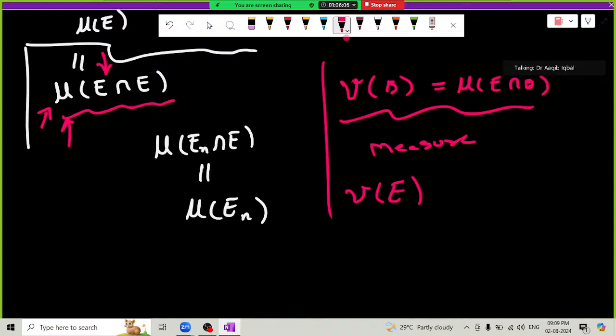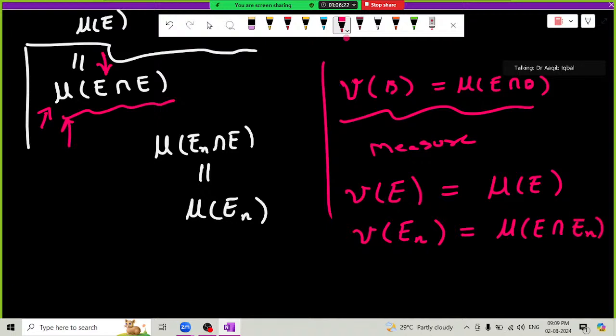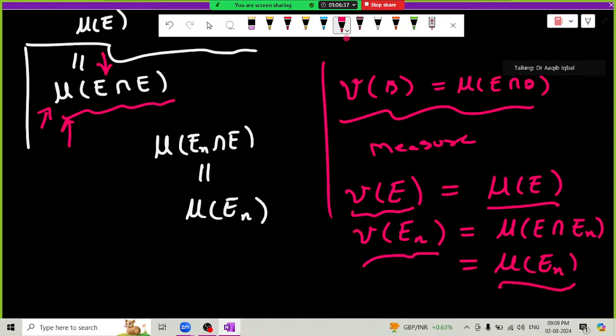Well, that will be mu of E intersected E, that is mu of E. And what would be nu of En? Nu of En जो है, that would be mu of E intersected with En, which is equal to mu of En, because E intersected with En is En. So nu of E is mu of E and nu of En is mu of En.